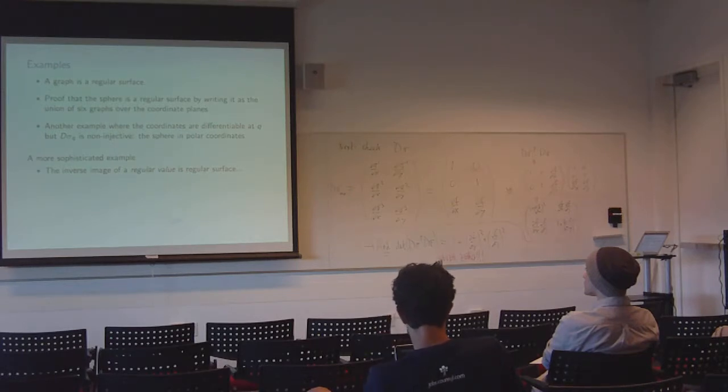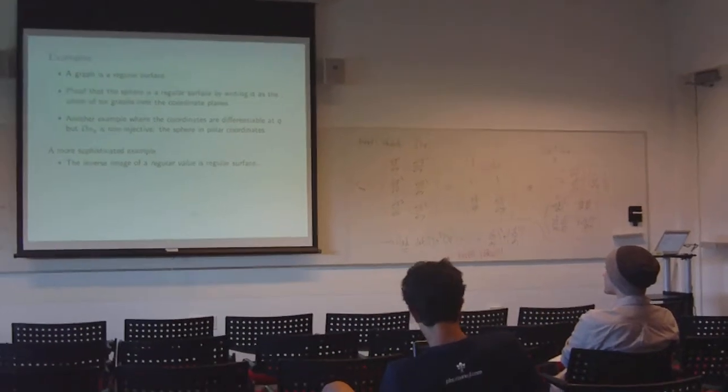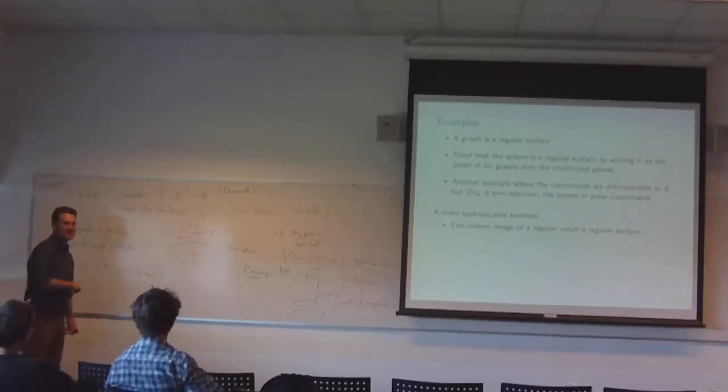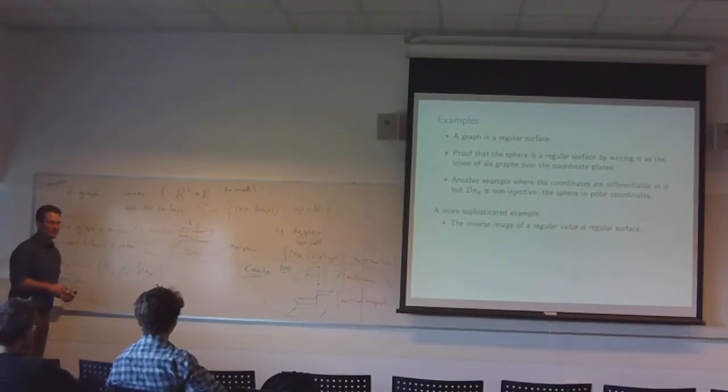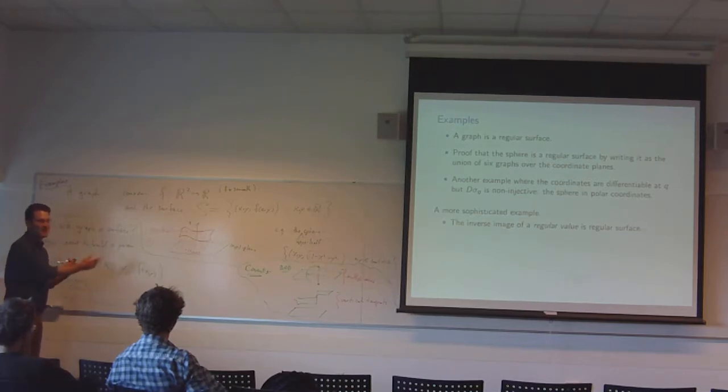You call that a surface with a conical singularity at the origin, a failure of C1. You just have to spend more time describing what's going on at the singular point, but it's allowed.